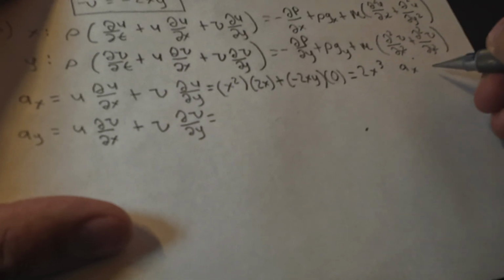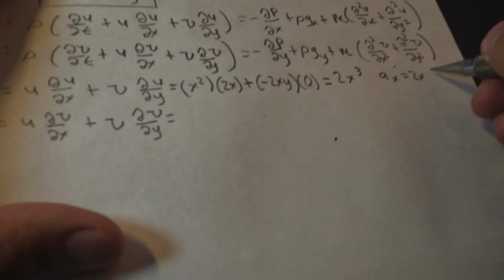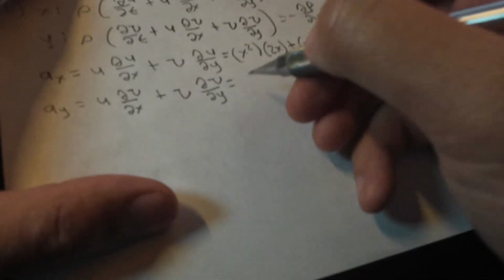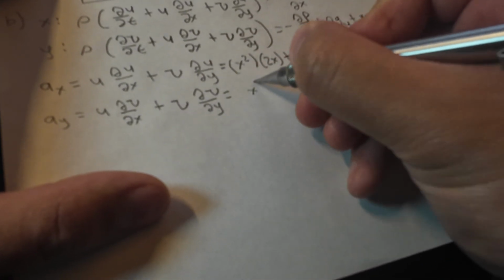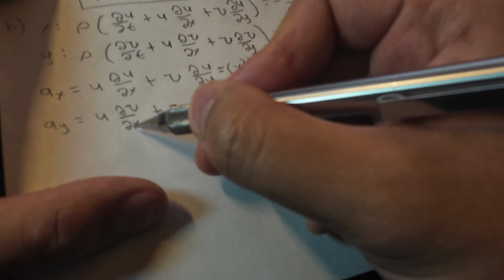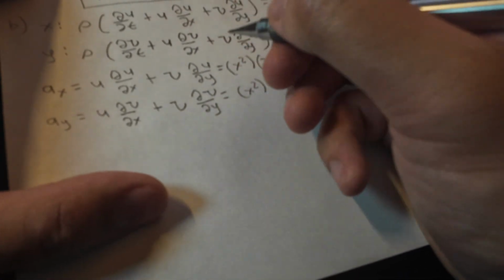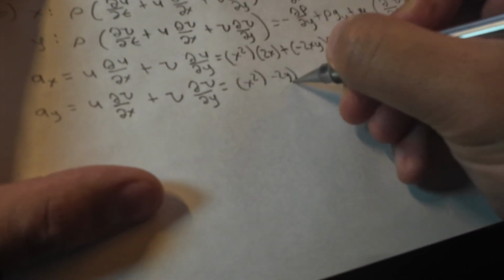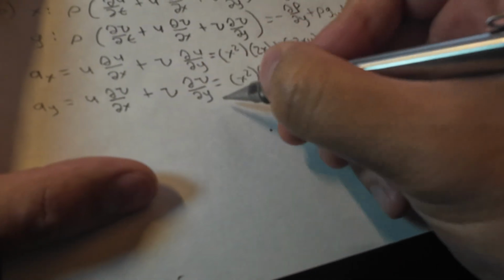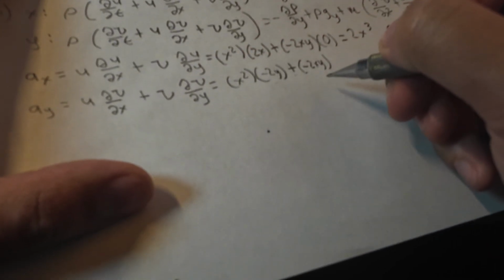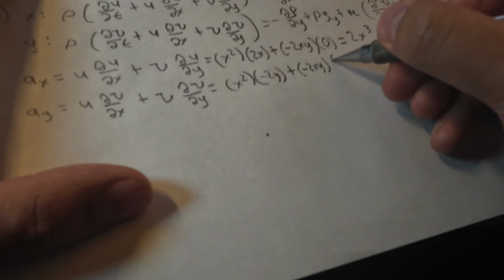So I like to kind of rewrite here. That way we know. Okay, so let's continue. U, right, we have as x squared still. We have nu with respect to the x, so that's going to be negative 2y. Okay, plus nu here. And then nu with respect to this, just negative 2x.